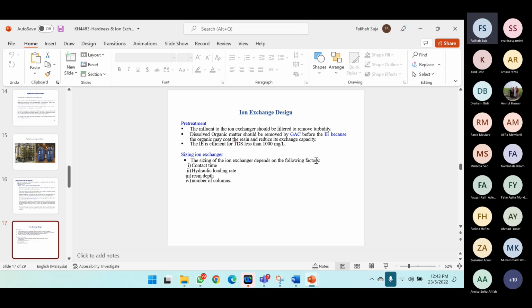So you might as well use granular activated carbon filtration or any type of filtration, because you just want to make sure there is less organic that can coat the resin and reduce the exchange capacity. The ion exchange is efficient for TDS less than 1000 milligram per liter.